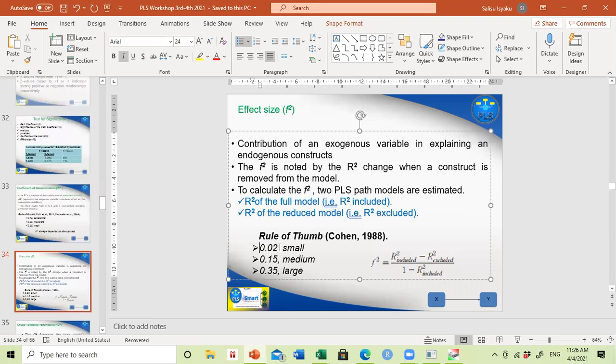We don't want to go to extremes in the sense of telling you how it's being calculated, because they have a formula for the calculation, R square included, R square excluded, and all these. We already have it in the software. So all you need to do is just click and click. Forget the calculation. They have all done it for you.